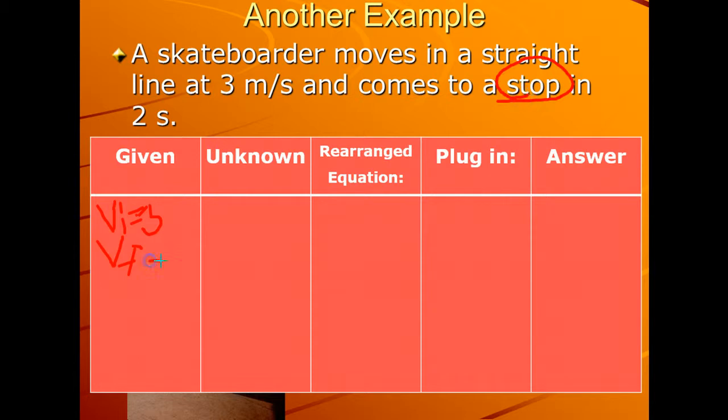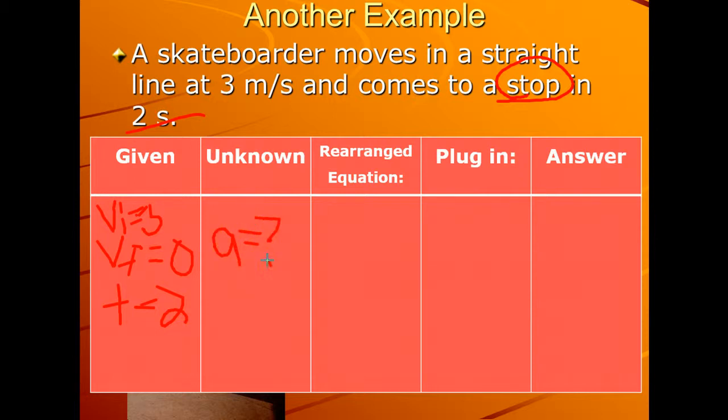So that would be 0 this time. The big part here is reading the problems and figuring out what they're saying. So resting, stopping, that's all 0, right? And then 2 seconds is my time. So time is 2 here. So my unknown is my acceleration.